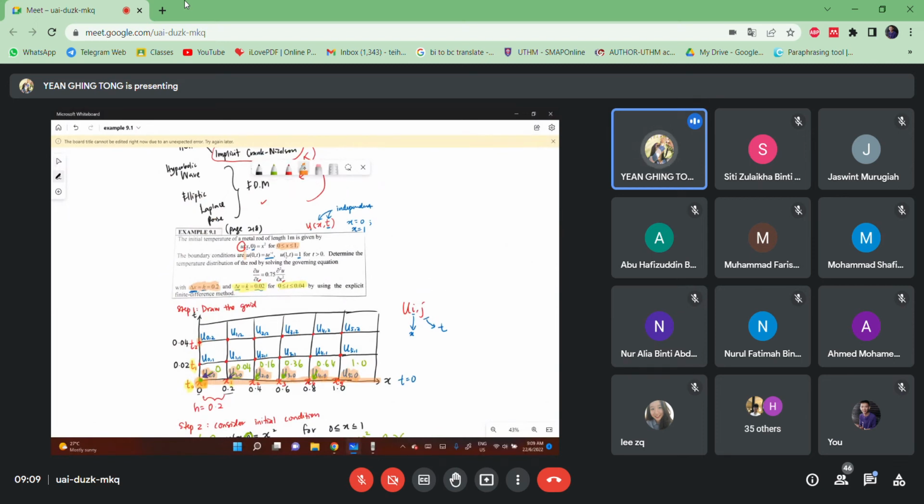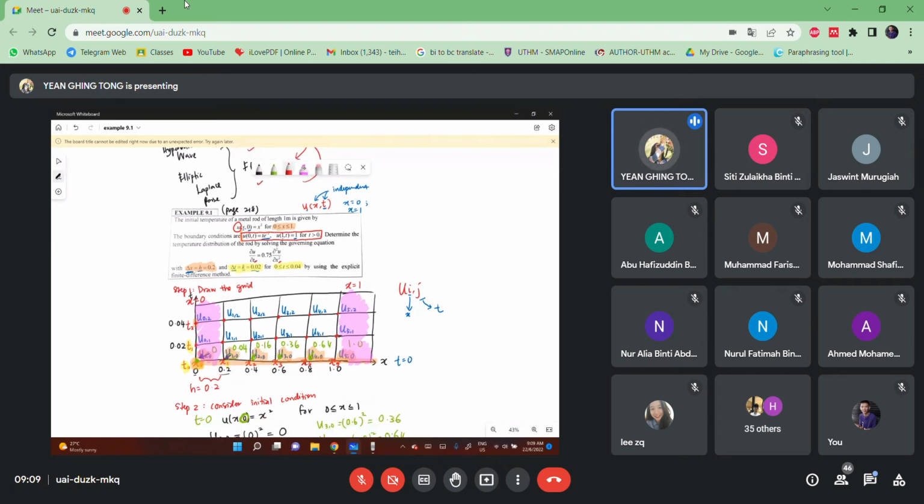Boundary condition means here, left and right. When x is equal to 0 at this point, and x equal to 1 at this point. Look at here, 0 and 1.